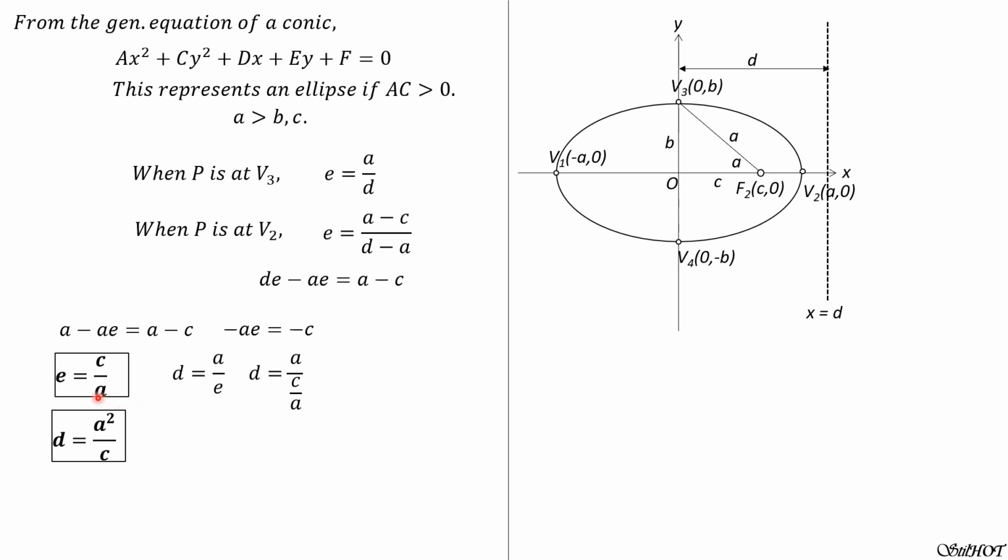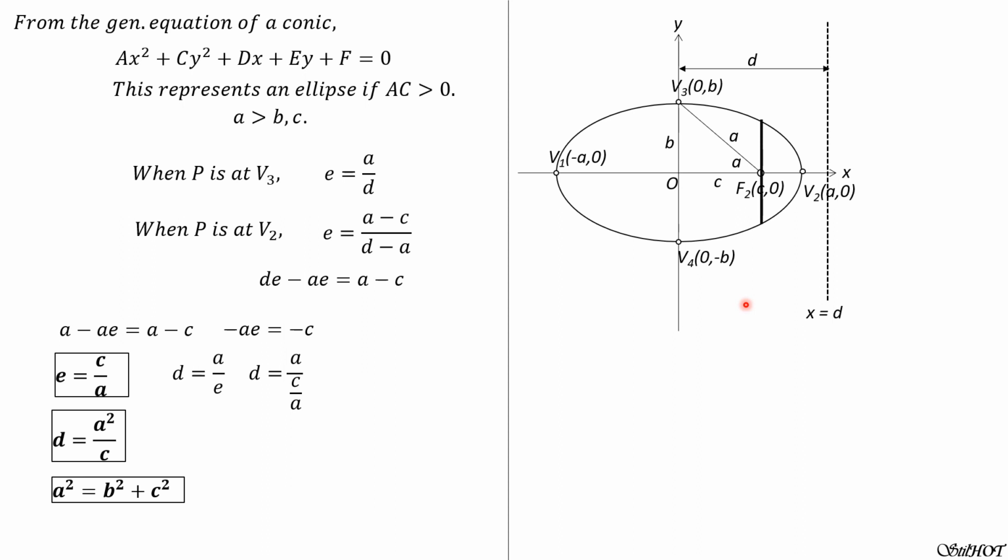Then second eccentricity, remember, is C over B. So another relationship among A, B, and C is that A squared equals B squared plus C squared. From this right triangle, A is the longest, so A squared equals B squared plus C squared by Pythagoras theorem.